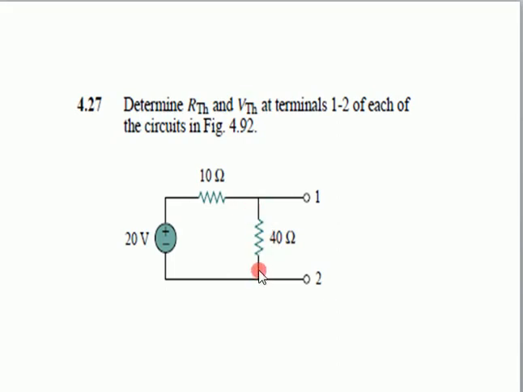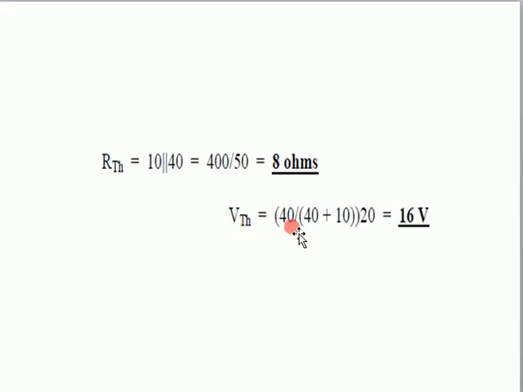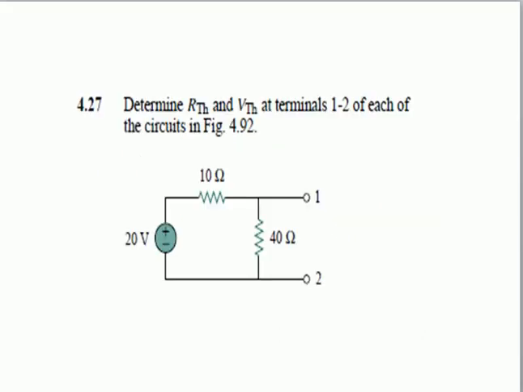We have to find the voltage of this resistor. So VThevenin is equal to 40 multiplied by 20 divided by 40 plus 10, that is equal to 16 volt. So we get the values of RThevenin and VThevenin here.